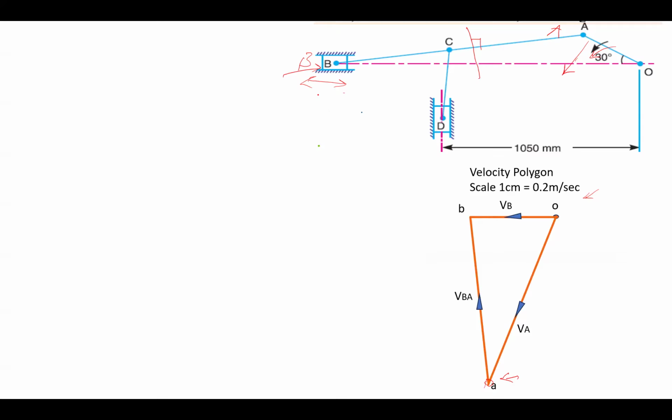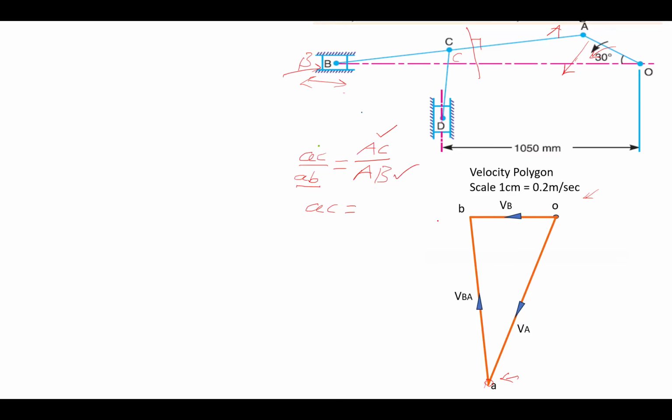After completing this, until and unless you locate this C point, you cannot move on to draw the further vectors. So locate the C point by this formula: small ac divided by small ab equals capital AC divided by capital AB. From there, we will get the small ac because capital AB and capital AC are known.